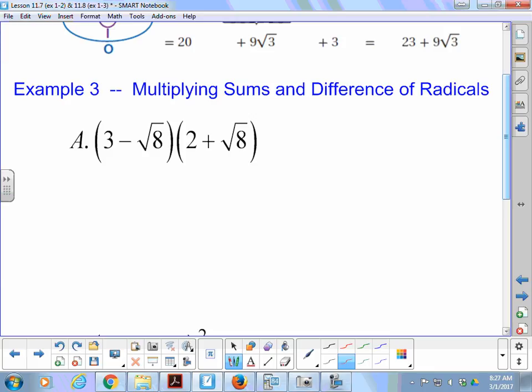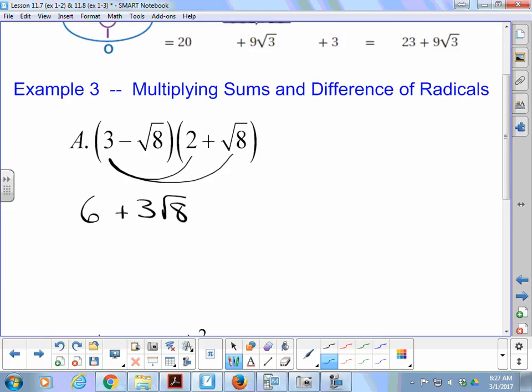So here we've got 3 minus the square root of 8 and 2 plus the square root of 8. That means we have to multiply the 3 by both in the other parenthesis, and we have to multiply the square root of 8 by both in the other parenthesis. So we're going to do the distributive property twice. We'll multiply 3 times 2, we get 6. 3 times the square root of 8, so we get 3 square roots of 8.